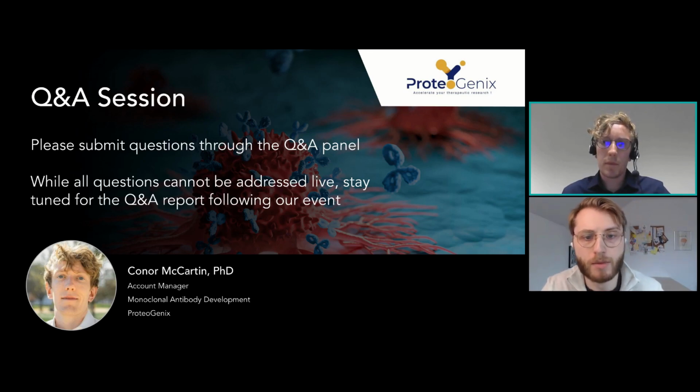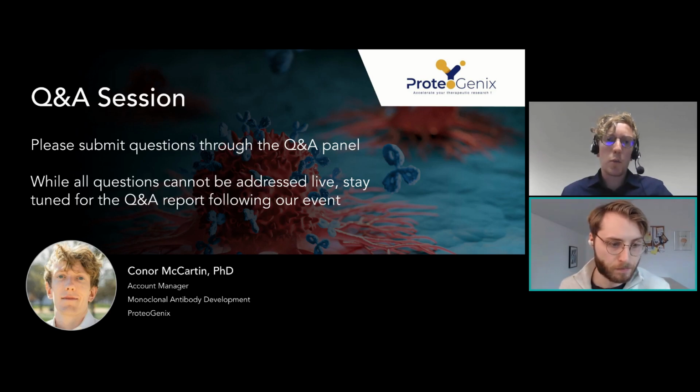All right. So this person writes, I'm assuming that many customers may not want to share their IP with the CRO. How would you go about this? We are very used to signing non-disclosure agreements if it is absolutely necessary for us to know the identity of the targets.